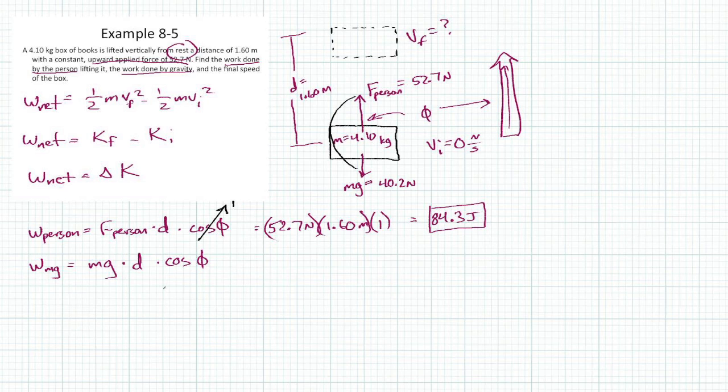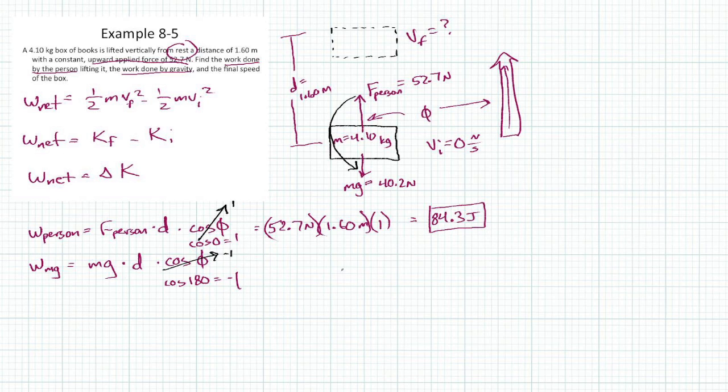Cosine of 180 is negative 1, whereas up here, cosine of 0 equals 1. And that means this guy right here is going to become -1, because that angle is 180 degrees off of the actual direction of motion.